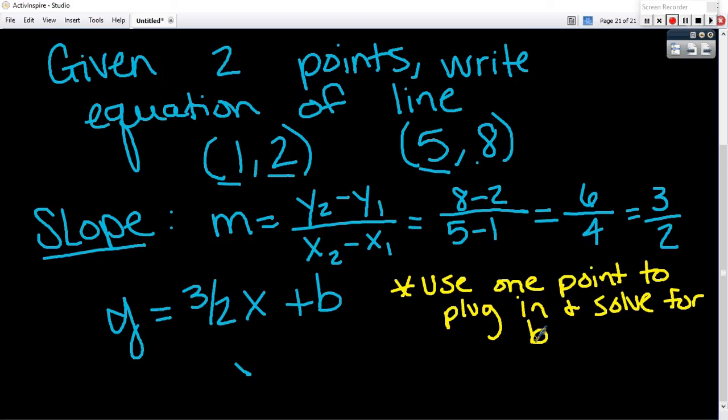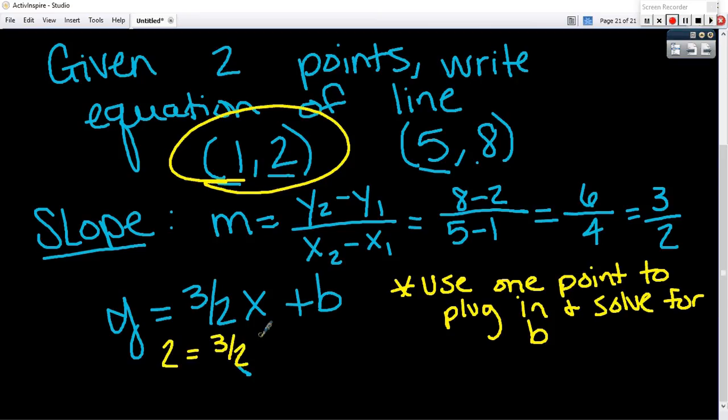All right, so let's do it. Let's say y is, I'm going to use this point. Y is 2. X is 1. What's 3 over 2 times 1? 3 over 2. And I'm going to change it to 1.5 so you can see what happens.